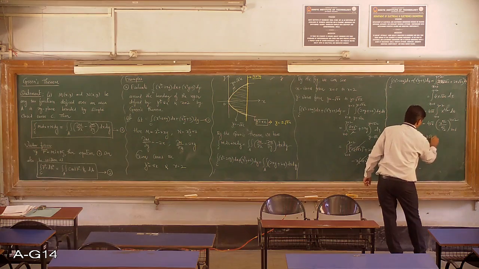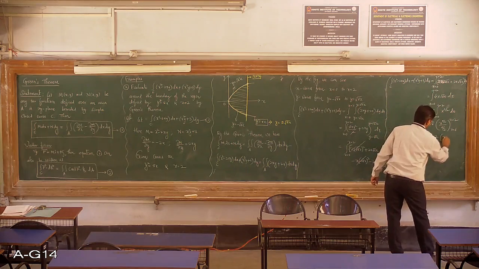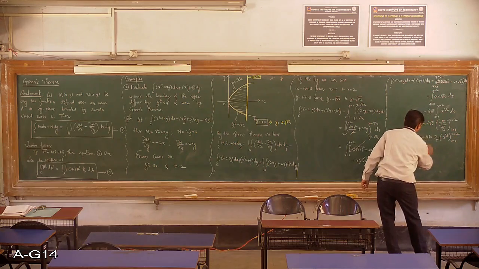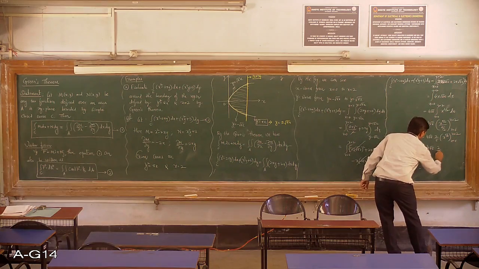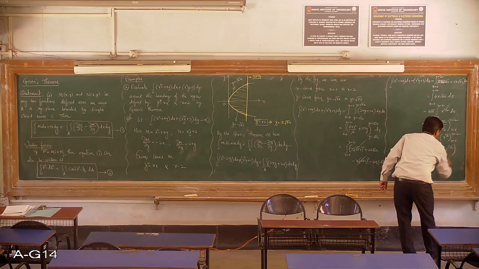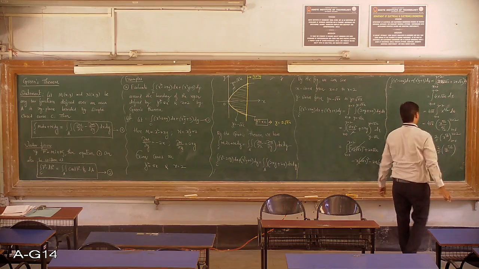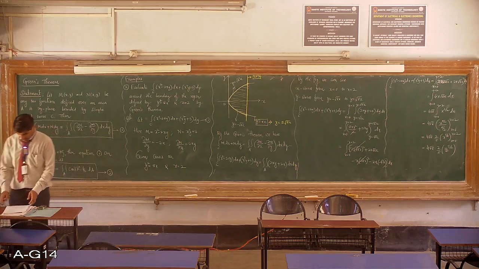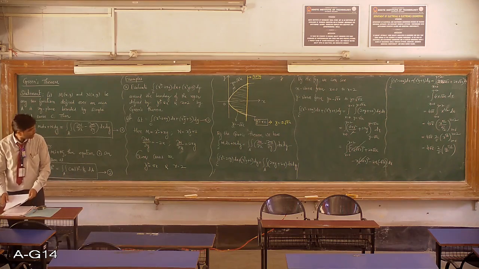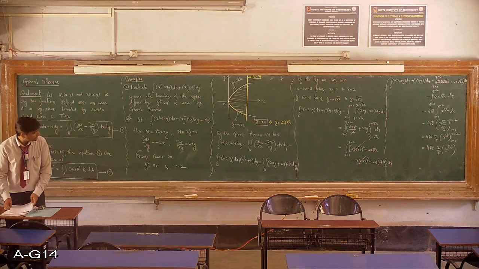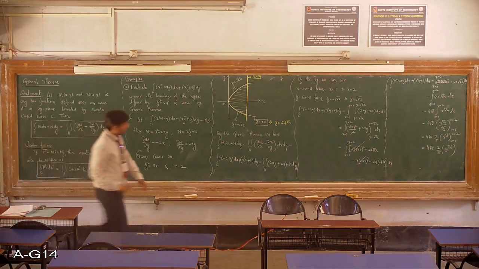4 into root 8, this is 2 by 5, x to the power 5 by 2, with x equals 0 to x equals 2, that is 4 root 8 into 2 by 5, then here 2 to the power 5 by 2. So the final answer here is 128 by 5.